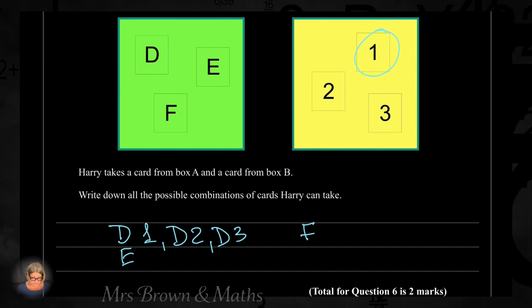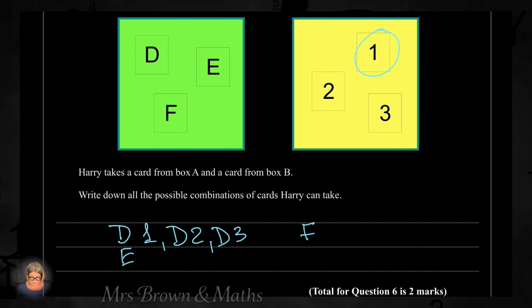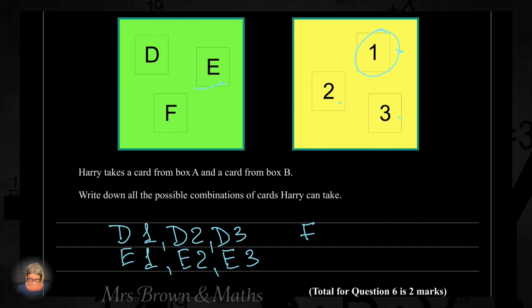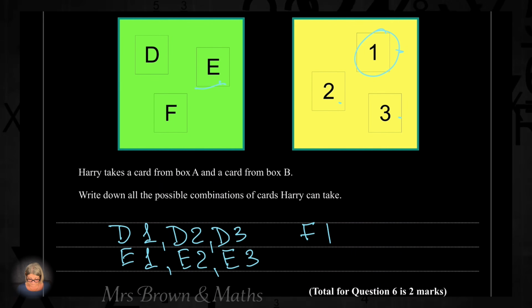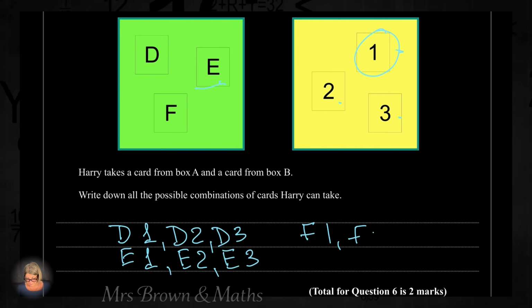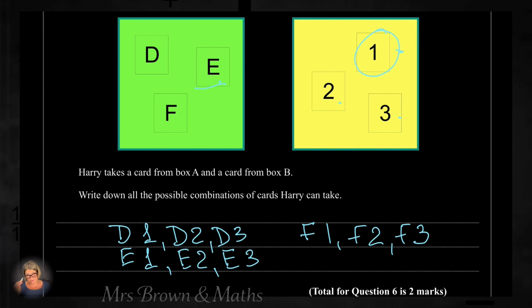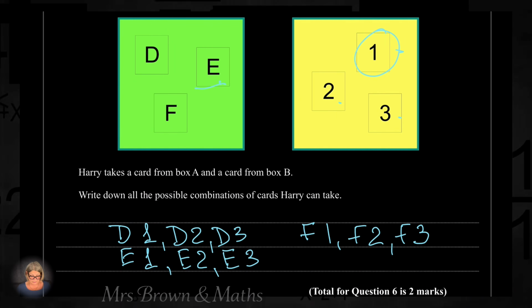The same is E: E1, E2, E3. Right, F, again, F1, F2, F3. That's it. So 9 possible combinations. Just write them down and get your 2 marks.